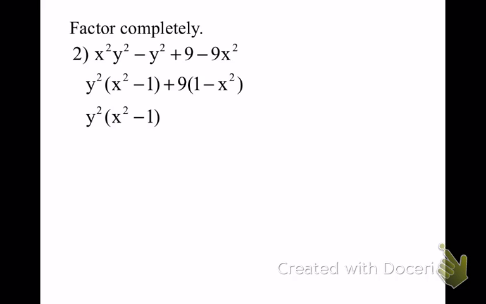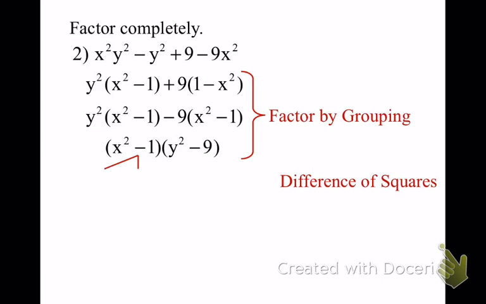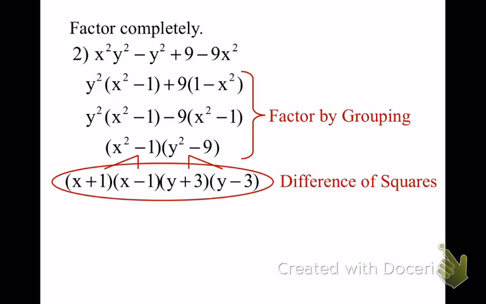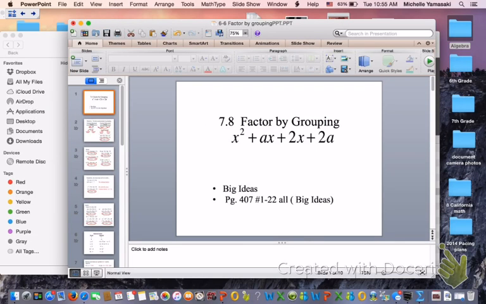So if I factor out that negative 1, negative 9, then I've got 2 difference of squares, which would be y squared minus 9, and x squared minus 1, which is a double difference of squares, which is x plus 1 times x minus 1, y plus 3 times y minus 3. And we are done.